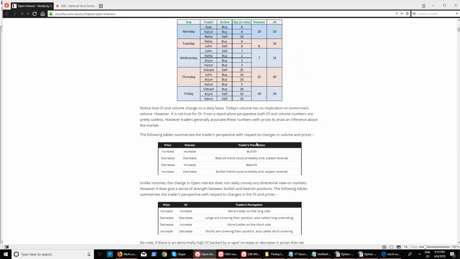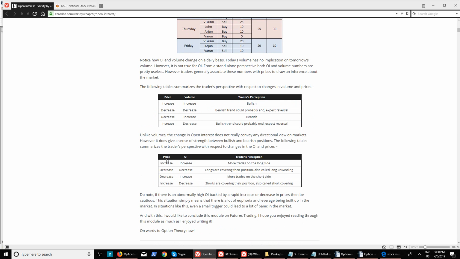Unlike volumes, the change in open interest does not really convey any directional view on the markets. However, it does give a sense of strength between bullish and bearish positions. As you would see here, I've spoken about this before. If there is an increase in price and increase in OI, that means more trades are on the long side.